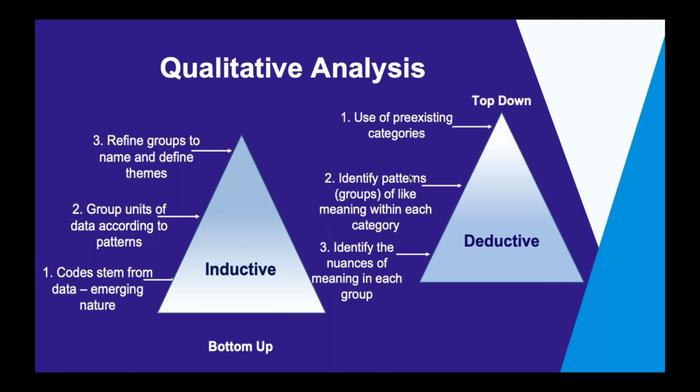We identify the patterns within those categories, and we group them with like meaning. And then the third step is identifying the nuances of meaning in each group. So if you're thinking about this in inductive, we start with the little parts and move up to the bigger parts of the themes. In the top-down process, we start with the big parts, the categories, and we go downwards to understand the patterns within and the nuances of meaning within those categories. Okay?